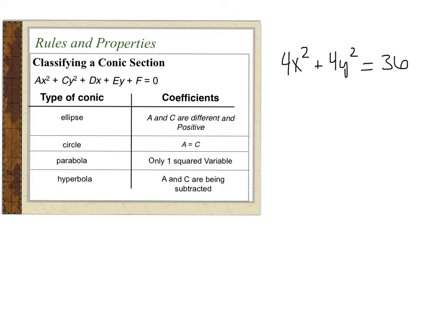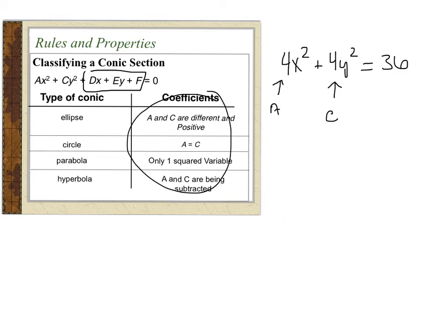Notice that this guy is our A and this guy is our C. Now, I'm not putting any of the other terms here, because it really doesn't matter what those numbers are for the most part. That just really is how the shape is shifted left or right or up or down. So all we care about is these coefficients in front of the x squared and the y squared.